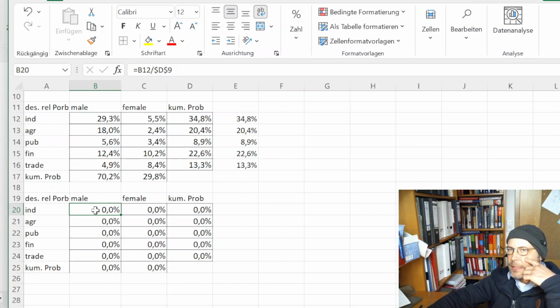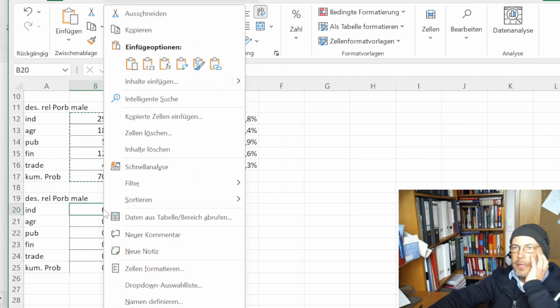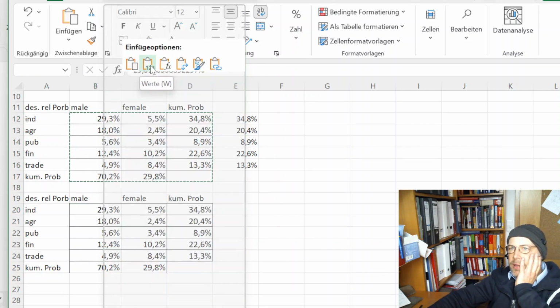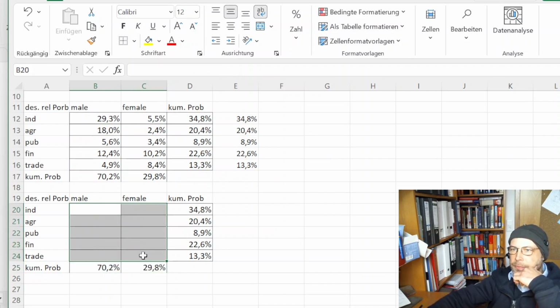Therefore, what I now want to have is these cumulated probabilities only. So you go here, copy, right mouse click, and then paste the numbers. Then it doesn't take the formulas, but the numbers. And if you click in here now, you see that you have the numbers everywhere. Then we cancel this out.